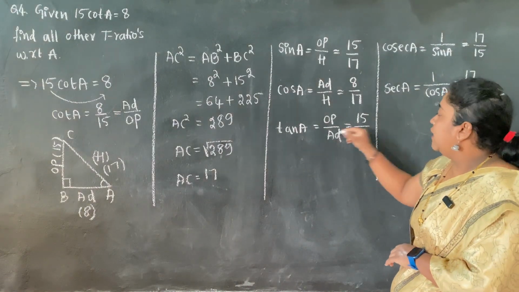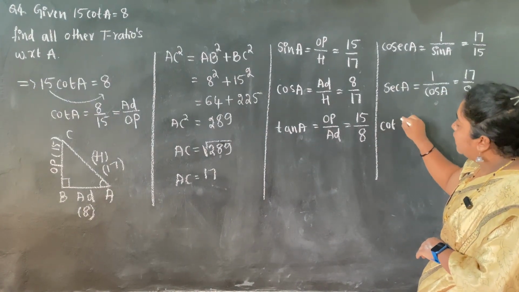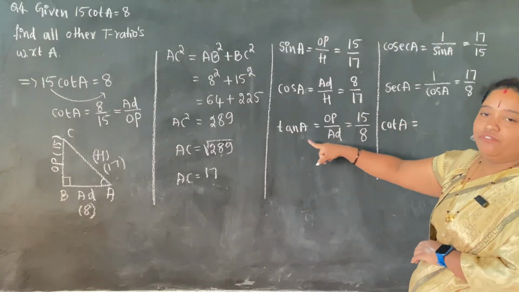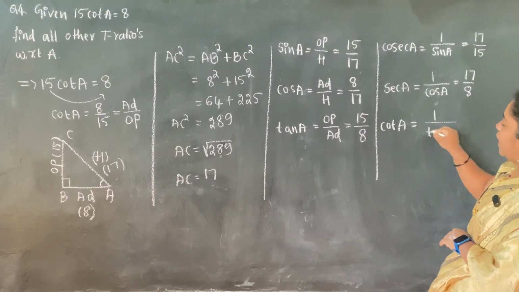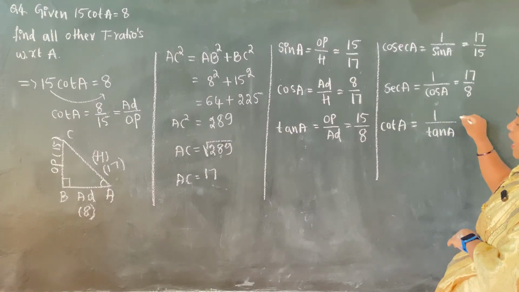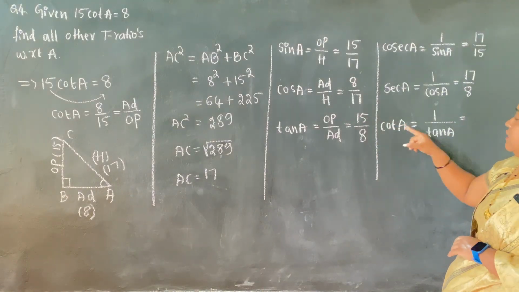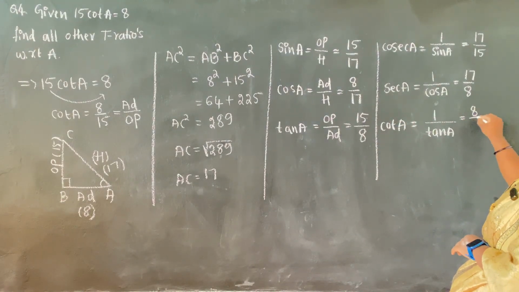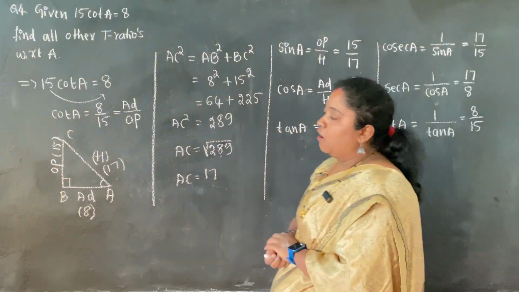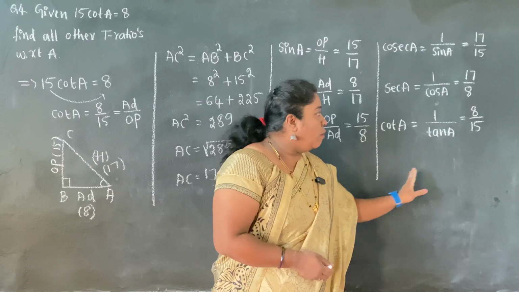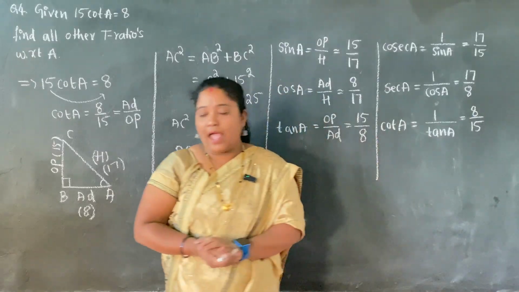And you know cot is the reciprocal of tan, and cot I'll write as 1 divided by tan A. If tan is 15 by 8, then cot will become 8 by 15. So this is how you have to write the trigonometric ratios with respect to angle A.